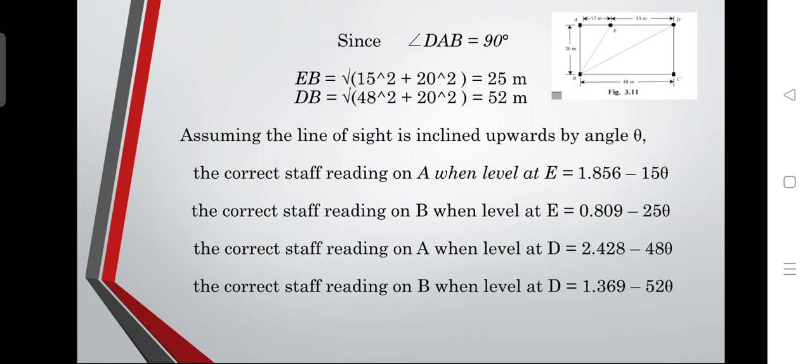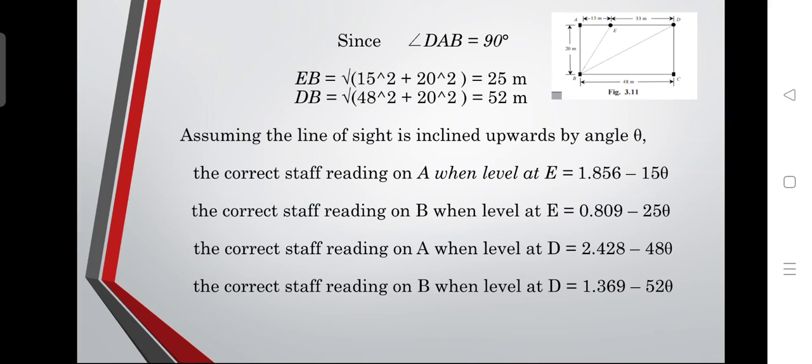Now coming to the solution of the problem, as we can see in the diagram that angle DAB is 90 degree. So from Pythagoras theorem we can calculate the distance of the hypotenuse EB in triangle BAE and the hypotenuse BD in triangle BDA.